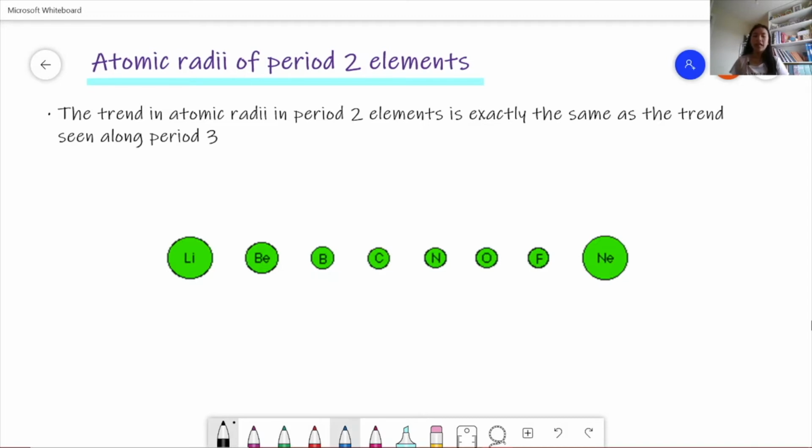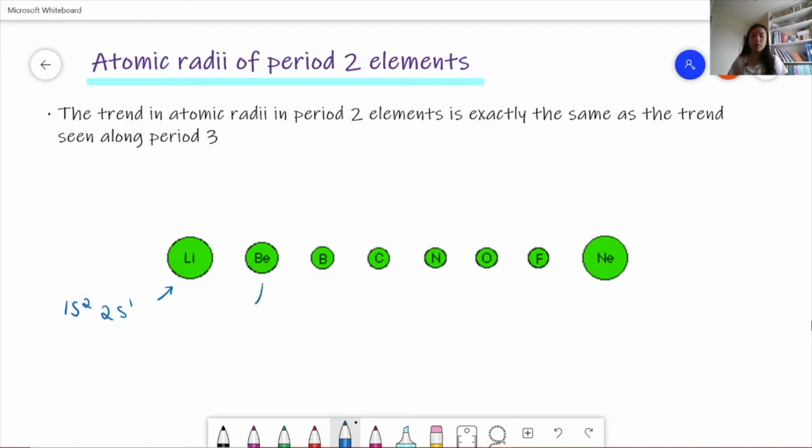So looking at electron configurations again, for lithium, what we have is that it's in the S block, and it also has 1 electron in its outer shell, and it's in period 2. So the electron configuration for lithium would be 1s2 and then 2s1.